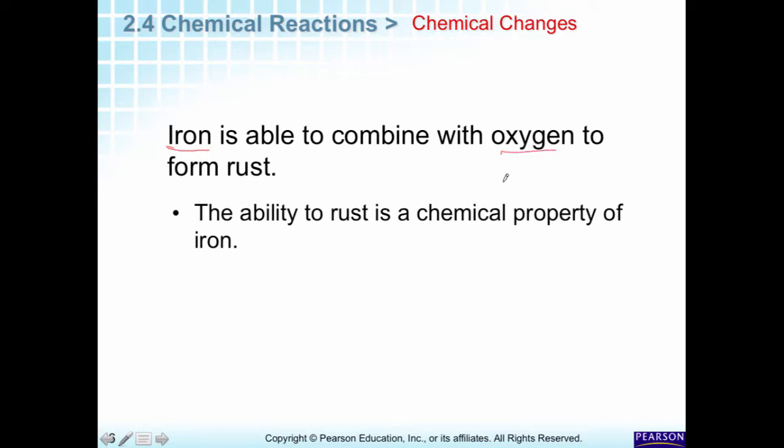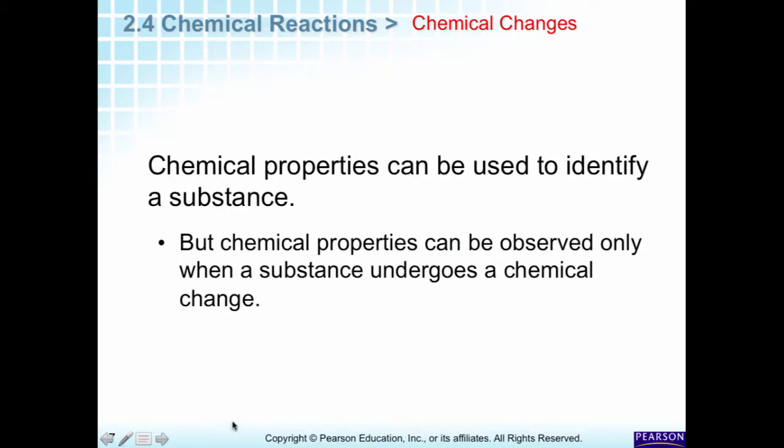Oxygen is a gas, and rust is kind of a reddish color. So we have different colors to tell us that a chemical change has occurred. So the ability of something to rust is itself a chemical property. So basically, rusting is the oxidation of something, where you're adding oxygen to it.